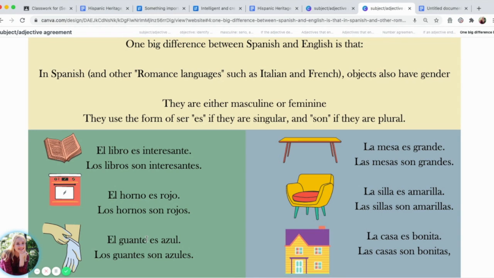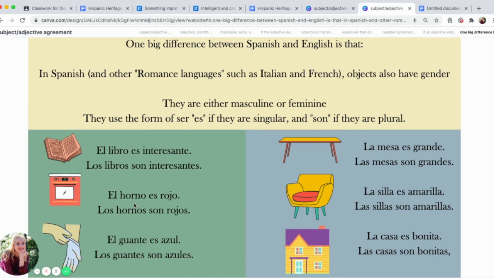But sometimes we have words like guante, that ends in E. So if we see el guante, how do we know that that is masculine? You have to look at, this is called an article. This translates to the, okay? El, los, la, las, all of those would translate to the.